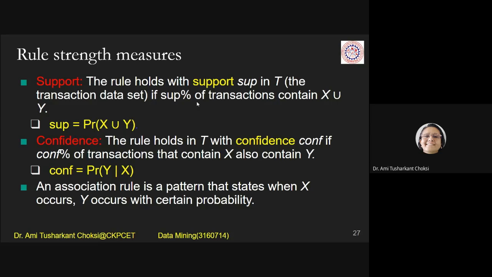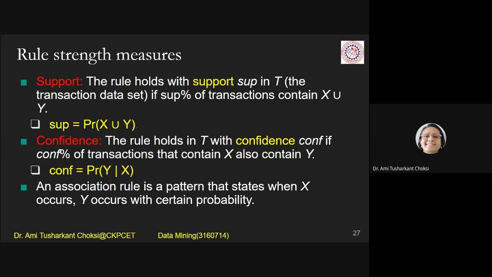sup percentage of transactions contain X union Y. We will see an example to make this clear. What we want to say is support.